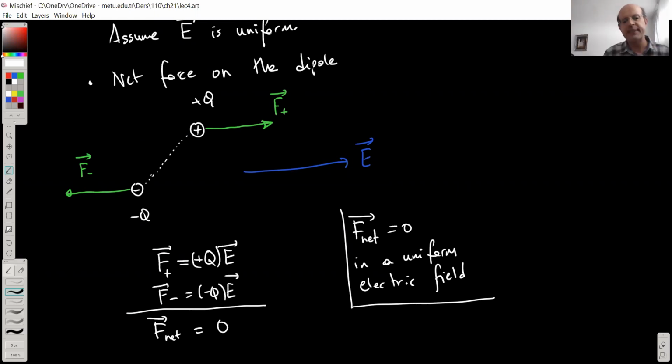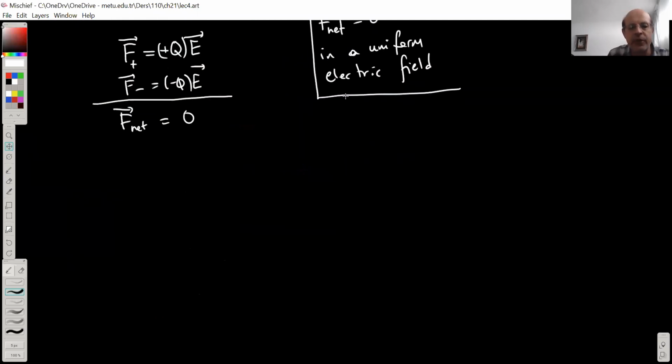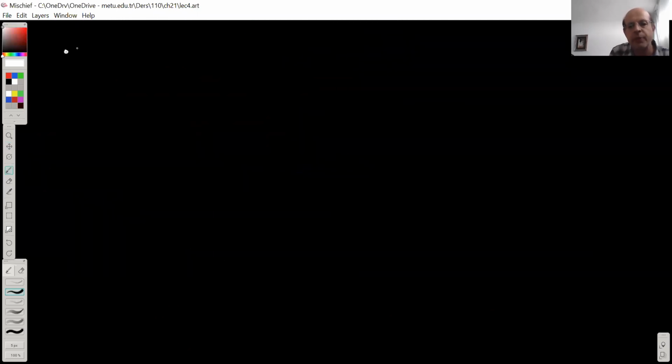So as a result, that distance doesn't change in any case. So as a result, you can see that because of these forces, which are equal and opposite, these forces can rotate the dipole. So that means it applies a torque. Okay, and then therefore we compute the net torque applied on a dipole.